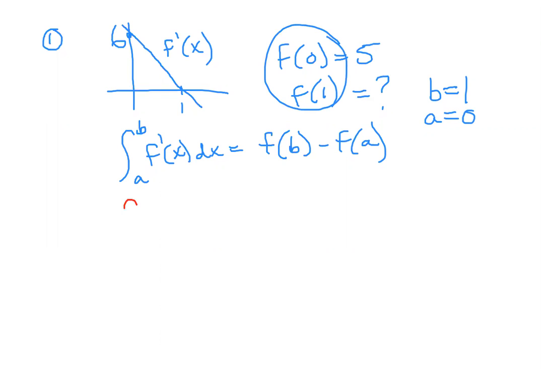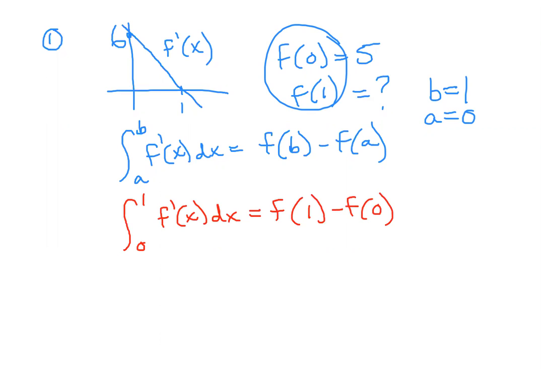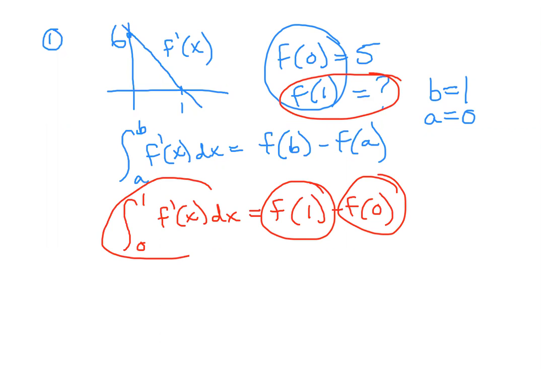We can substitute that in and say the integral from 0 to 1 of f prime of x dx equals f of 1 minus f of 0. Well, f of 1 is what we're looking for. That's what we don't know. We know f of 0 is 5, and we can find the integral from looking at the graph.